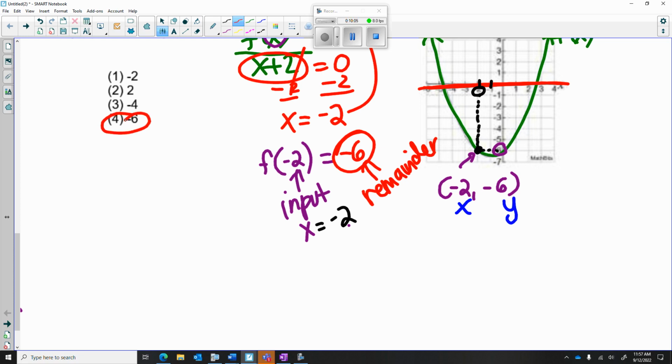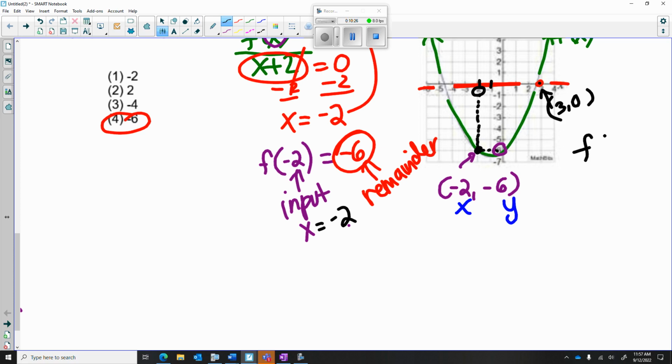If I would have obtained 0, that would mean the remainder is 0, and it would be a factor, and that number would be a 0. An example would be, look over here at where it crosses. It's actually not a helpful one, but let's say it had crossed at 3. Pretend, at x equals 3, this were the point (3, 0).